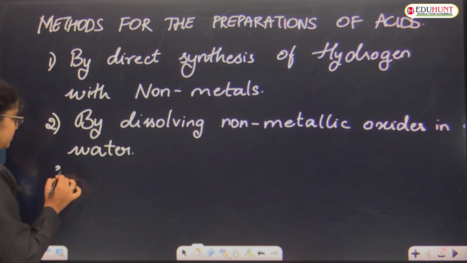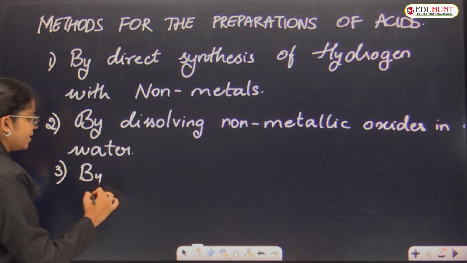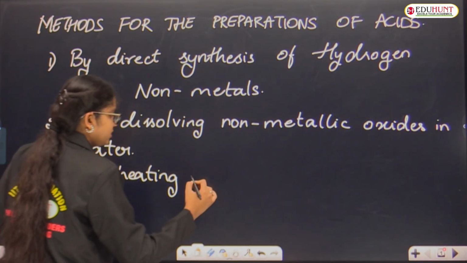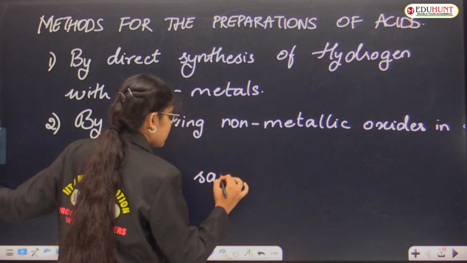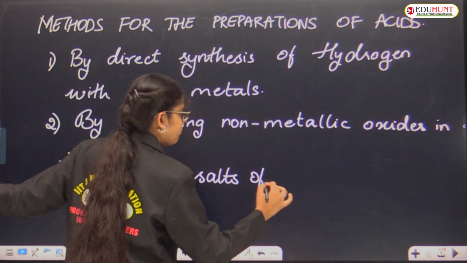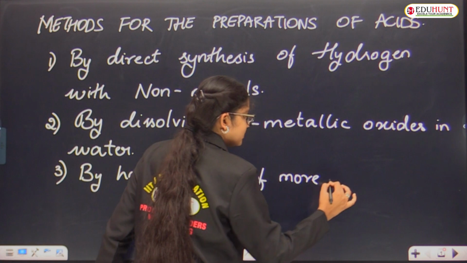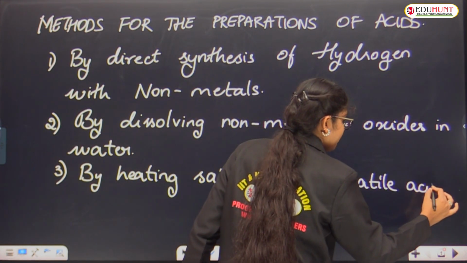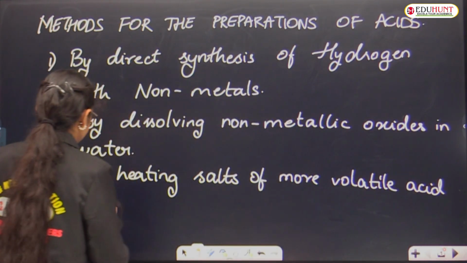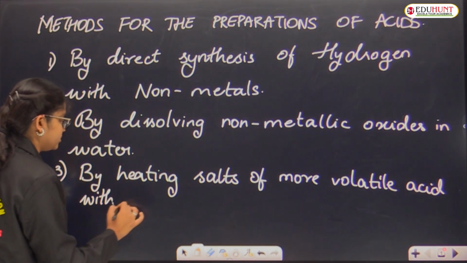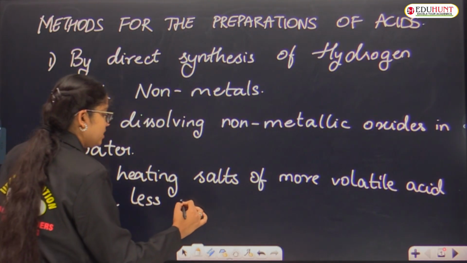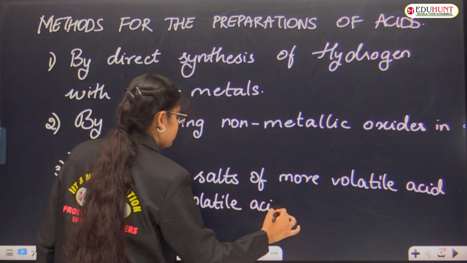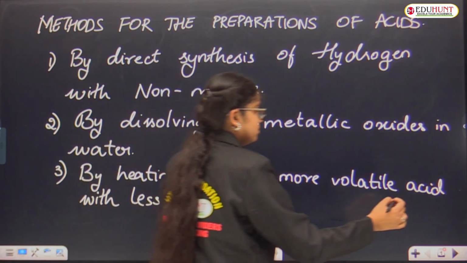Now, the third one is by heating salts of more volatile acid with less volatile acid.